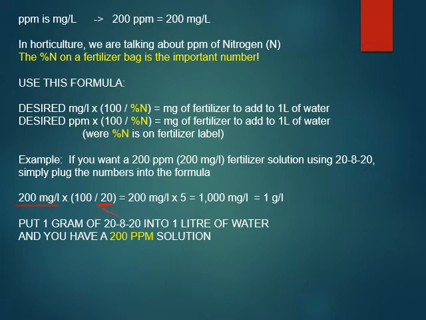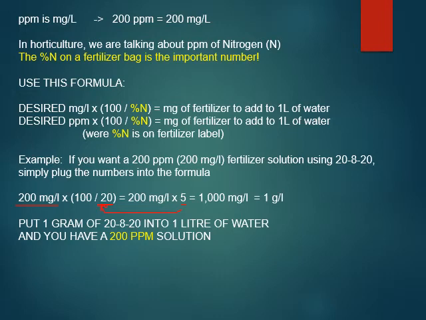That's 20%. 200 milligrams per liter times 5 equals 1,000 milligrams. So 100 divided by 20 is 5. That's how we got the 5. This is 100 divided by 20.